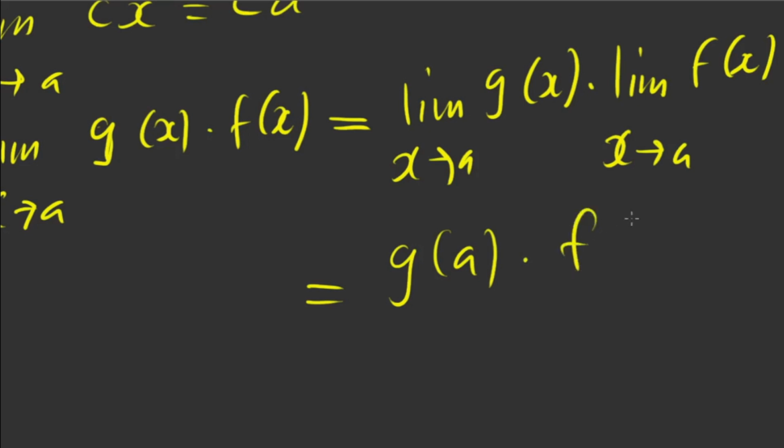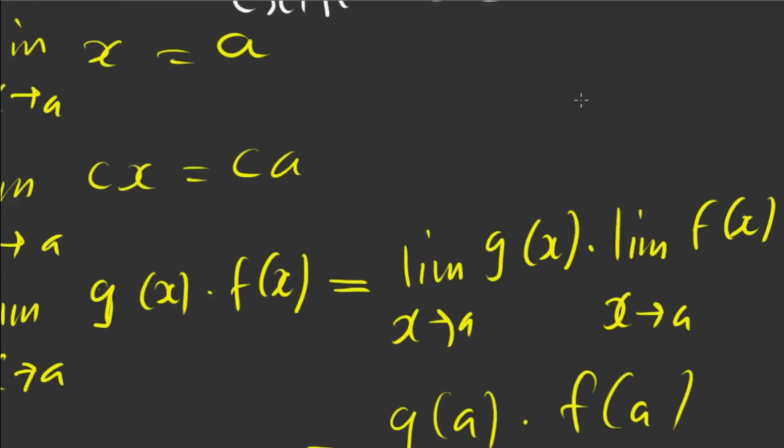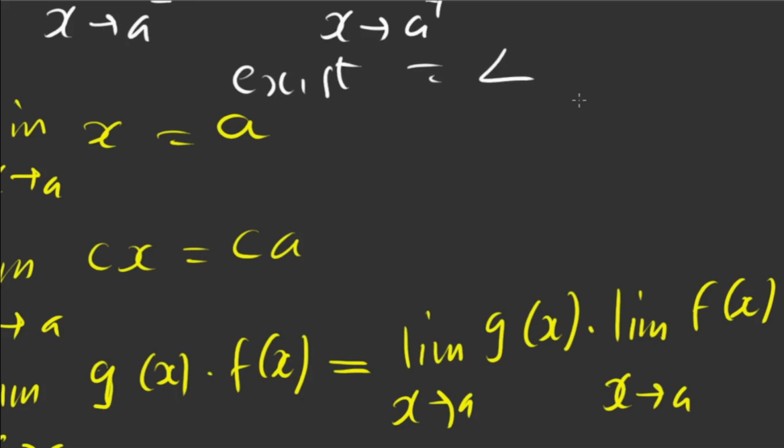So we will look at some examples explaining these things, but you have to keep these things because you will need them. They are properties of limits.